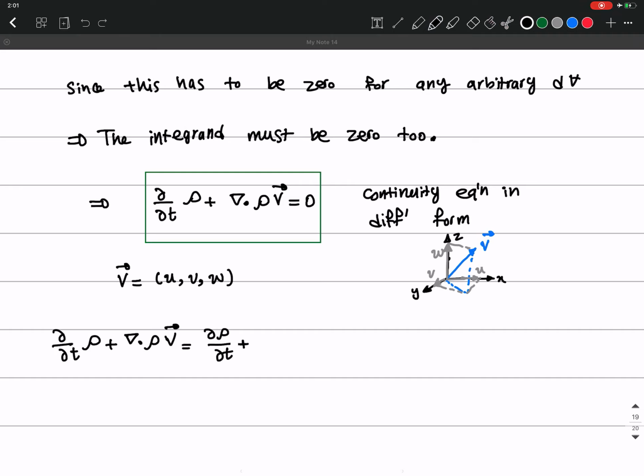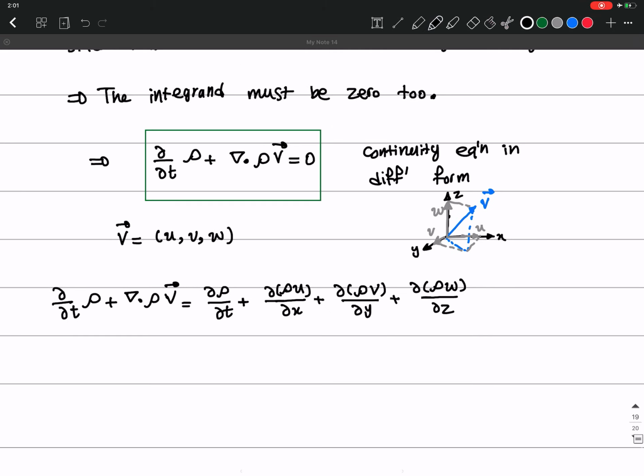So it's going to be partial over partial x of rho U, this is the first component, plus partial rho V over partial y plus partial rho W over partial z. Okay?